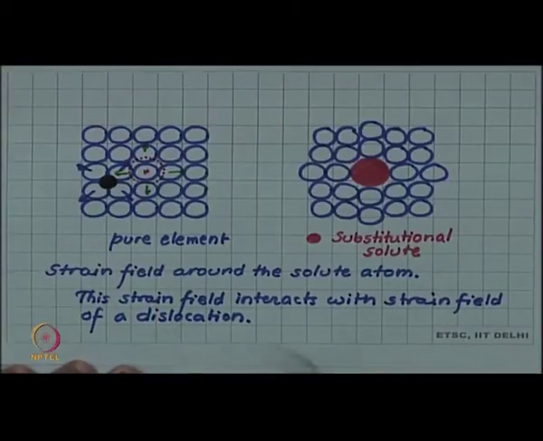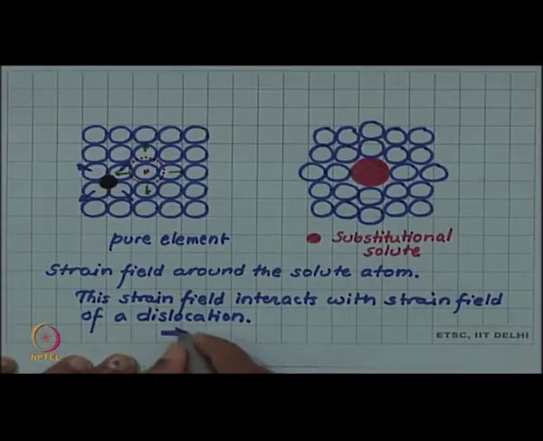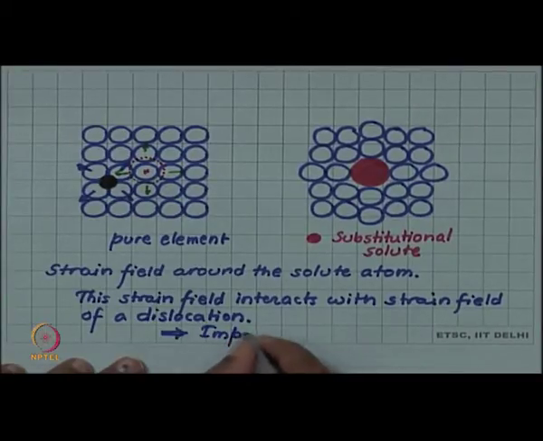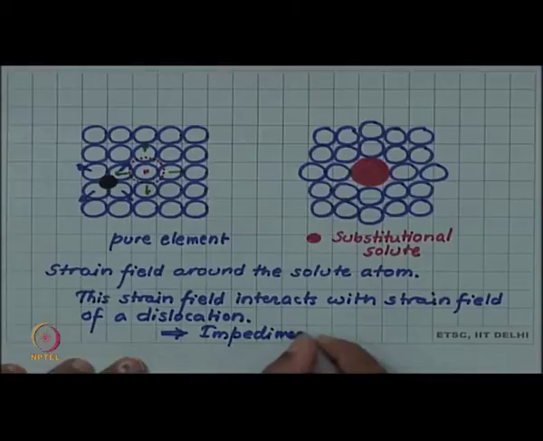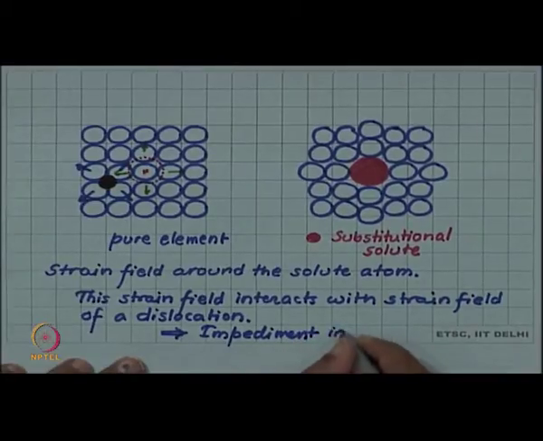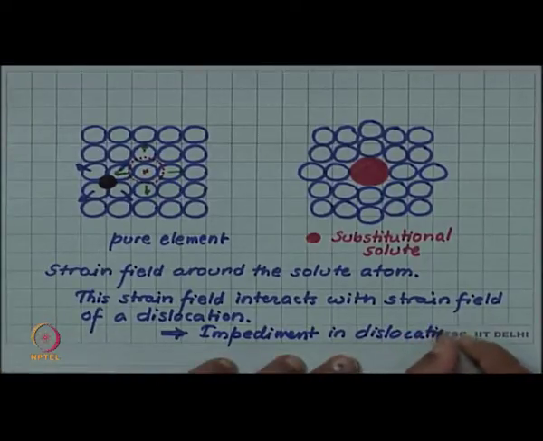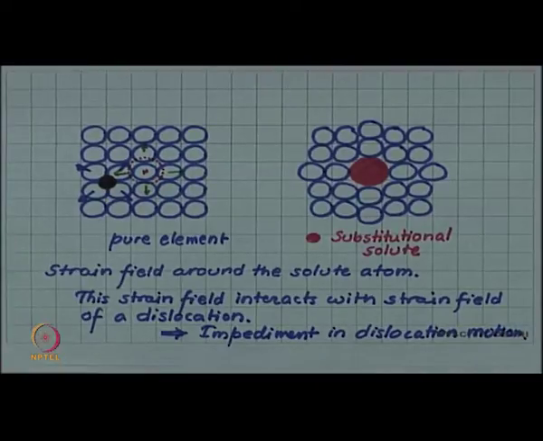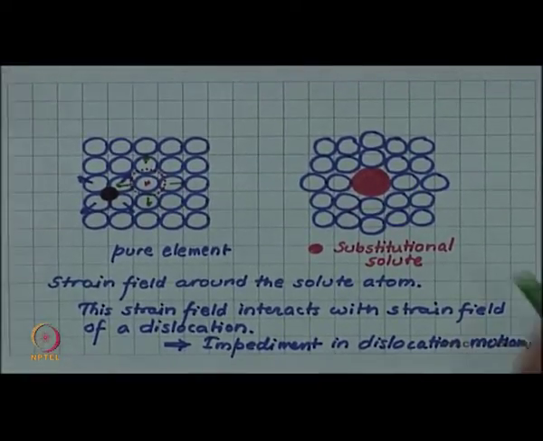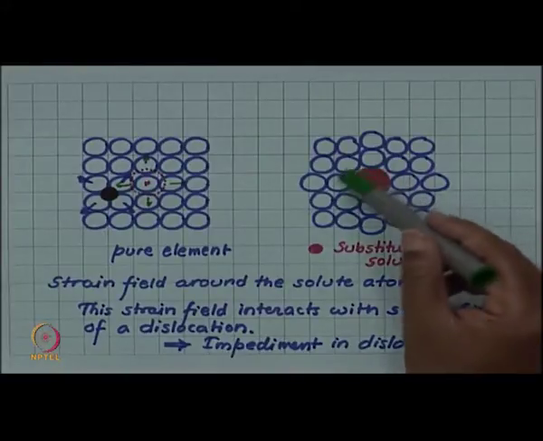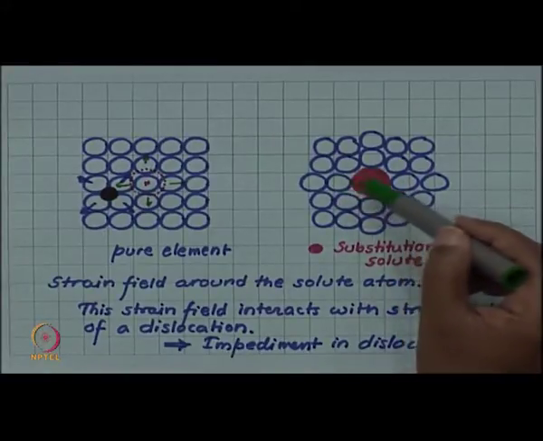So, in either case, the strain field interaction with the dislocation strain field causes impediment in the dislocation motion. Also note that an important factor here will be the size difference.